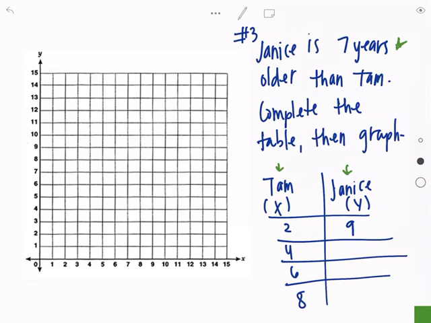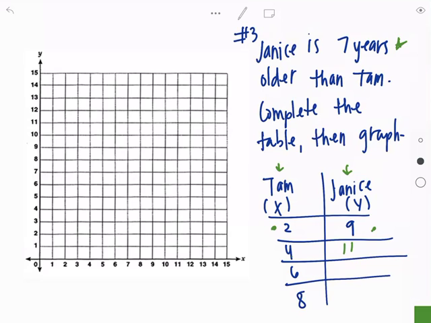So this shows when Tam is 2, Janice is 9. And we know that because if Janice is 7 years older and Tam is 2, if you add 7 years, it gives you 9. So for number 4, when Tam is 4, how old is Janice going to be? So you would just add 7 years, which would be 11.